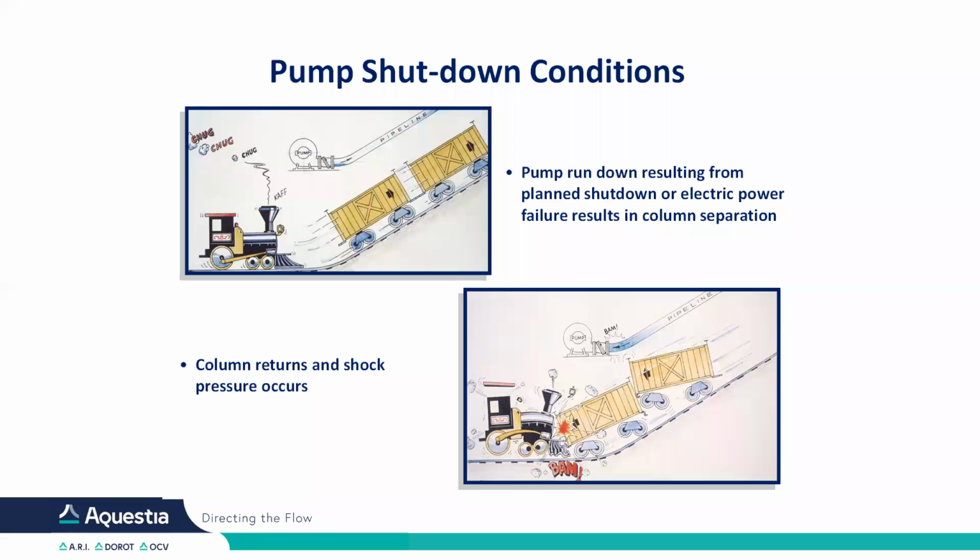The pump suddenly stops, could be due to electric power failure, and the water column moves forward and returns back and slams into the check valve. Okay, that's what we call the water column separation. And that's the worst case scenario.